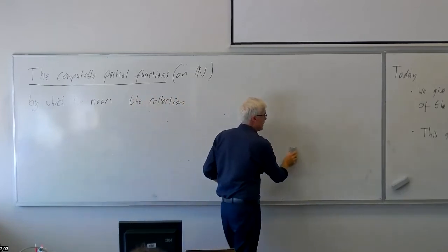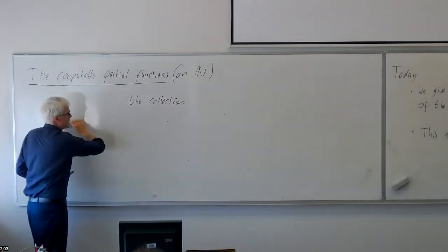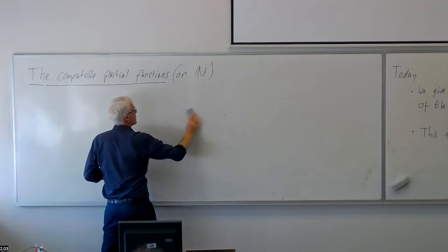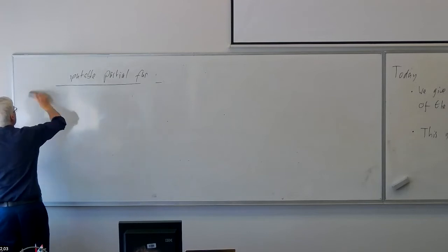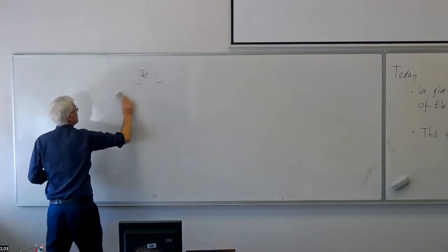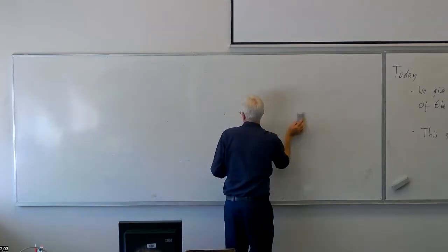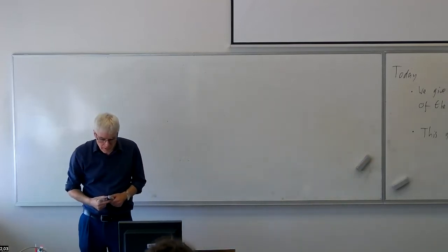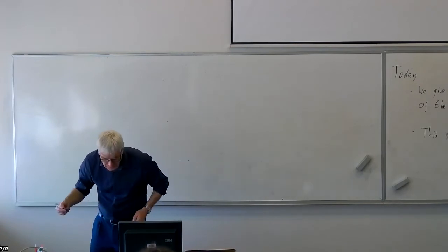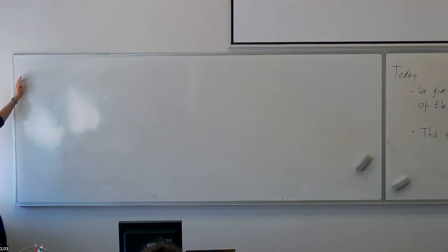We're going to say, well, these functions are going to be generated as the smallest collection of functions that contains a few basic functions that we clearly want to count as computable, and is closed under a few operations on combining functions into new ones that we can see preserve computability. So I'm going to define the computable partial functions in that way.